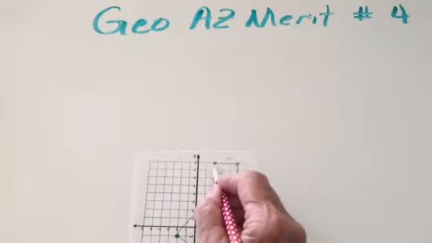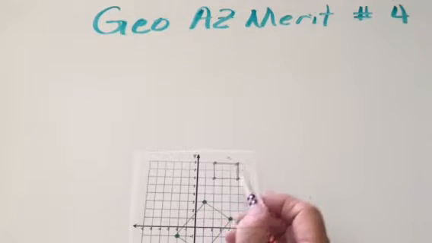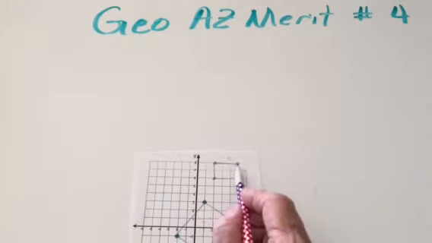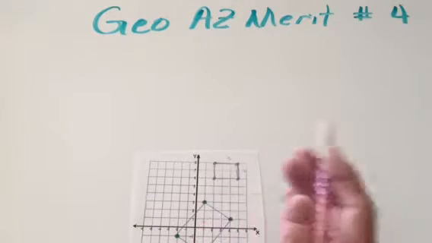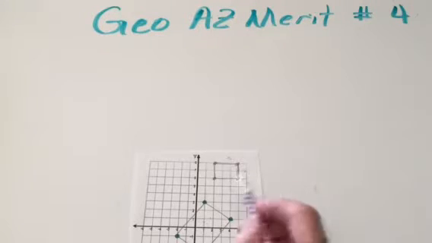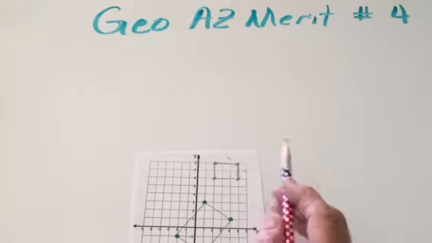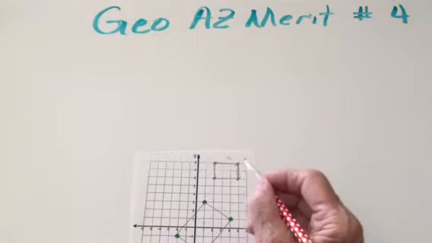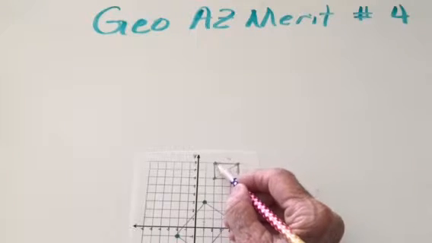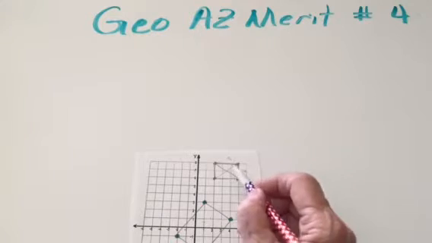Now, these 2 slopes are the same, which is 0. These 2 slopes are again the same, but they're undefined. There's no slope. But what we also know is the diagonal here and the diagonal here are exactly the same. They're the same size.